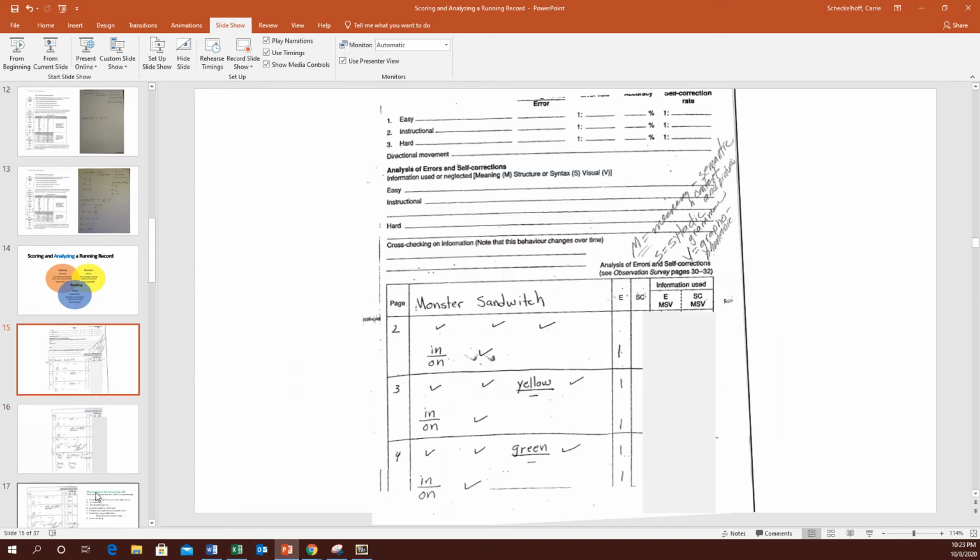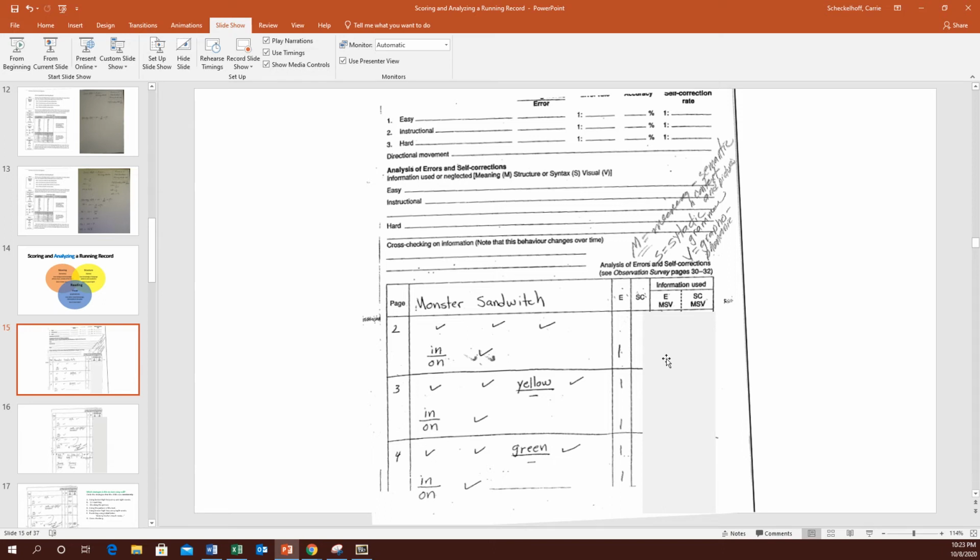Now, on your form, there are columns. This column here is for the errors. When we see an error, we are going to write the letters M for meaning, S for syntax or structure, grammar, and V for visual, which you will remember is only the graphophonemic cues.